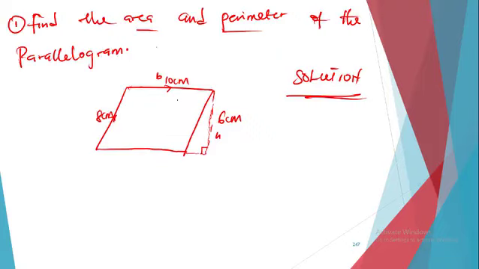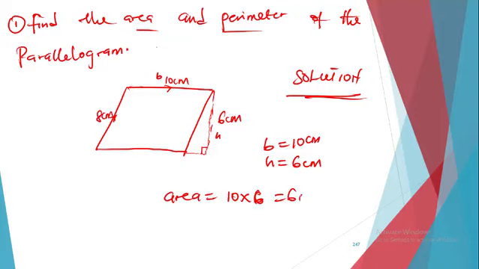Okay, we have our base, which is 10 cm, and then we have our height to be what, 6 cm. So the area will then be equal to 10 times 6, which will give us 60 cm squared.